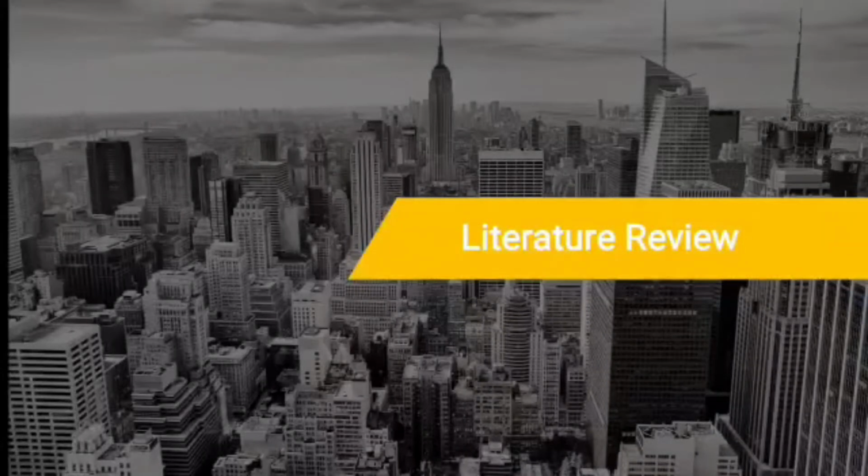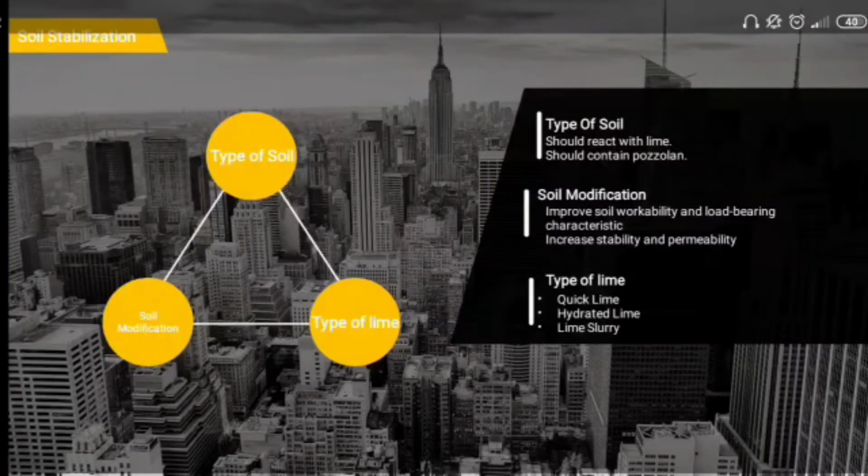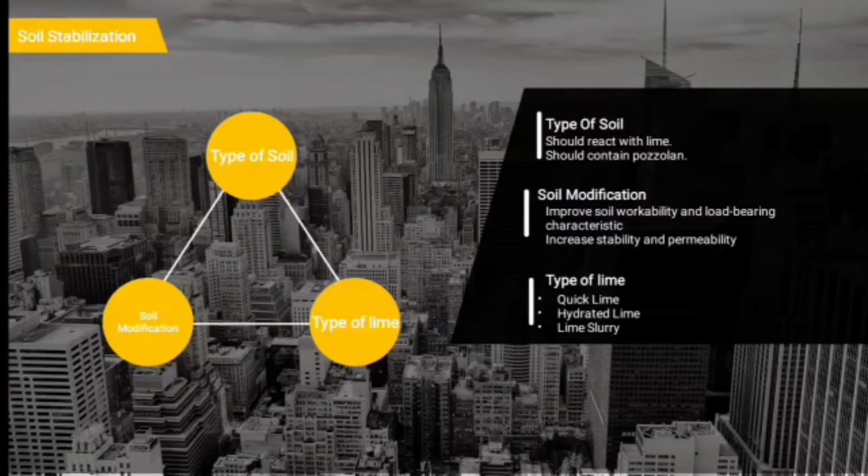Lime soil stabilization is the process of adding lime to the soil to improve its properties like density, bearing capacity, and more. The type of soil used in stabilization should be a reactive type of soil, which means the soil should react with lime when added.